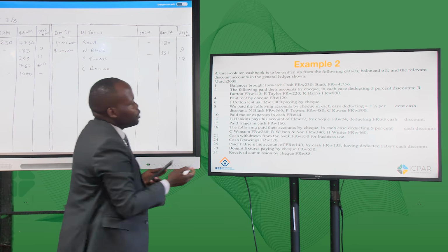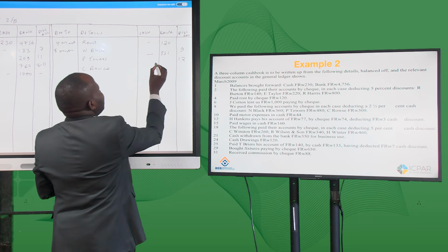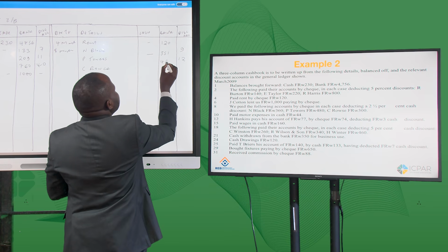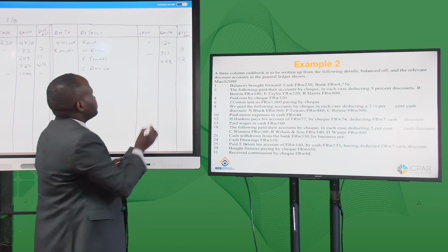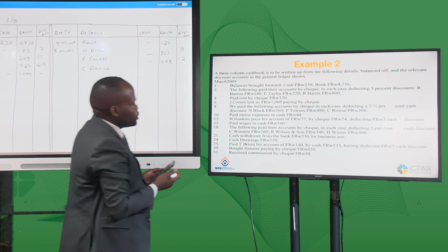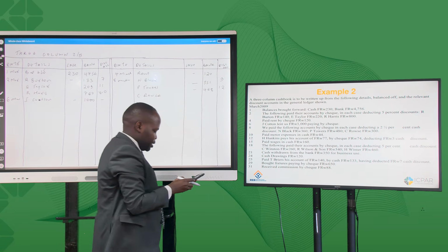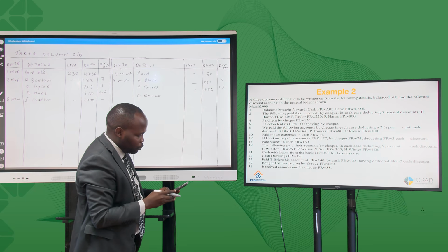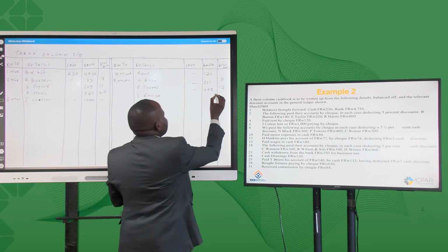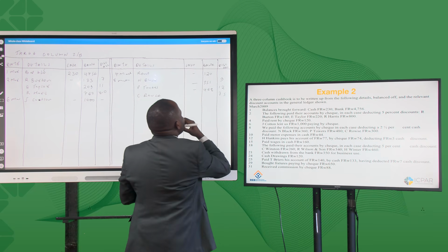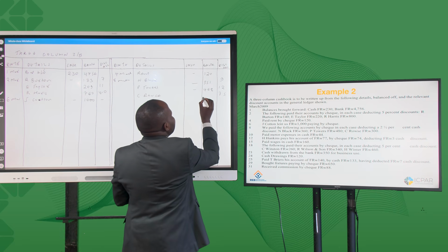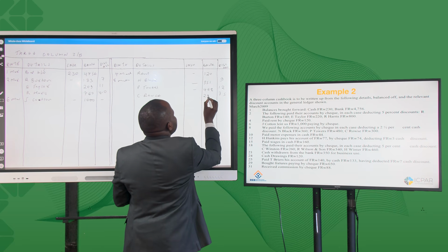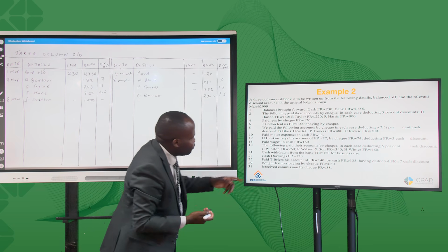So 12 you minus from 480. That gives you 468. Next, Rose is 300. 300 times 0.025 is 7.5. So that is 292.5. Okay, I think I've got it right.